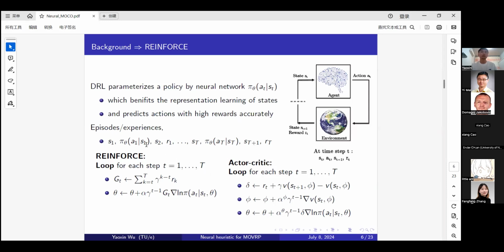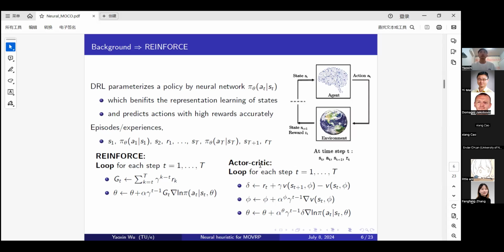It means you just collect all the trajectories, and after that you compute the total future reward at each step, and then you use this total future reward at each step to update your action at this step. So this is the logic of REINFORCE.